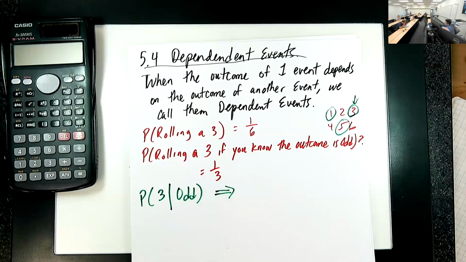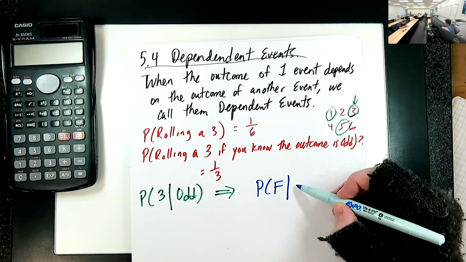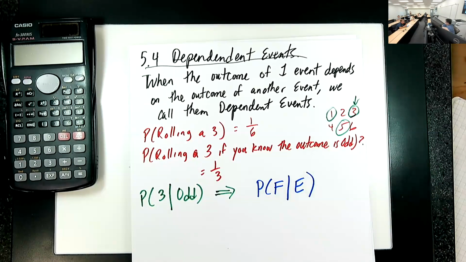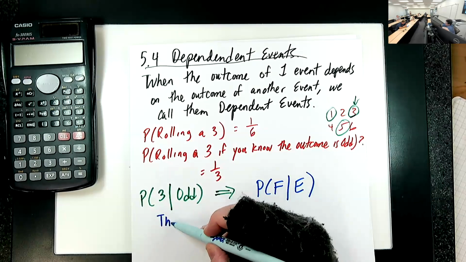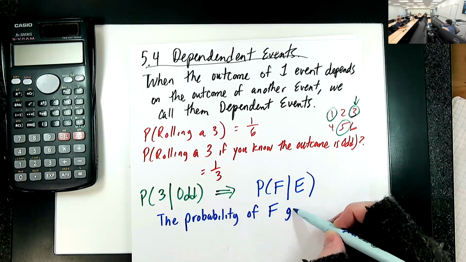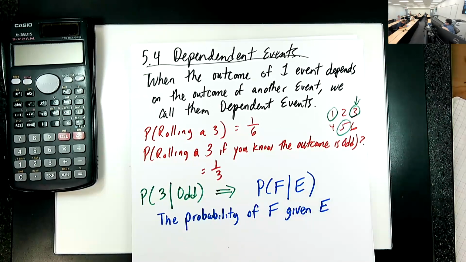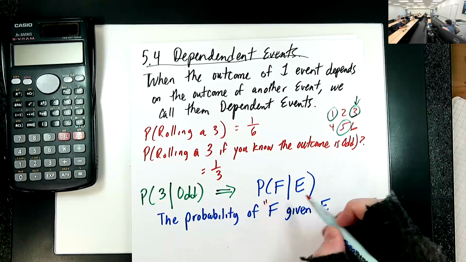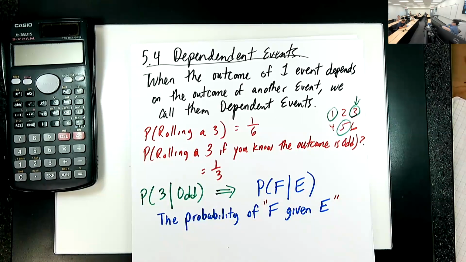In letter notation, this is probability of F with the bar E. And the way this is read is the probability of F given E. What does that even mean? The probability of F given E.